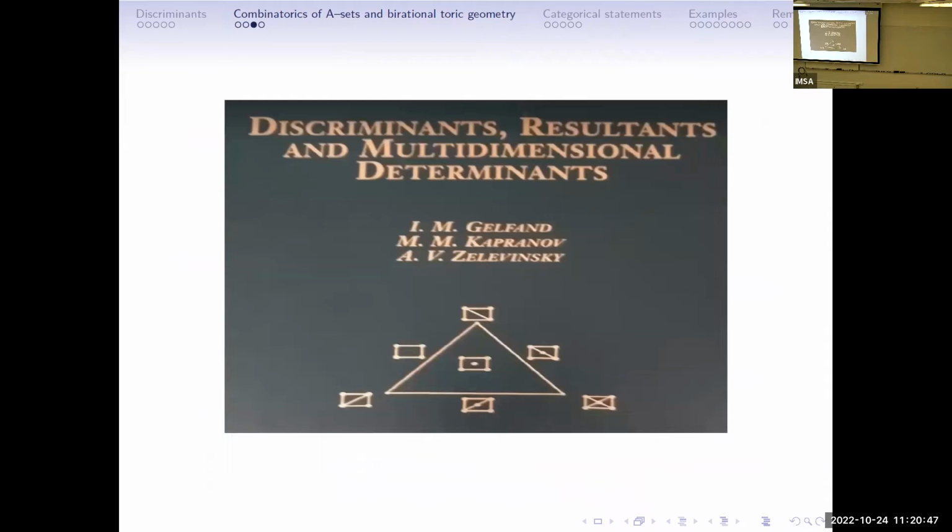So, okay, this is the famous cover of their book, and what this picture is, basically there is a set. The set that they're considering, A, is this.